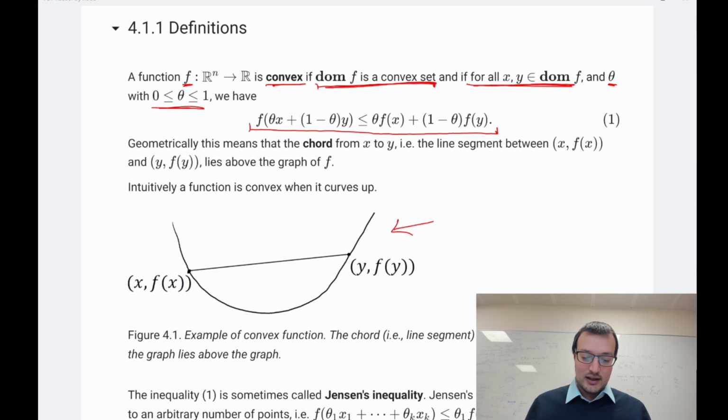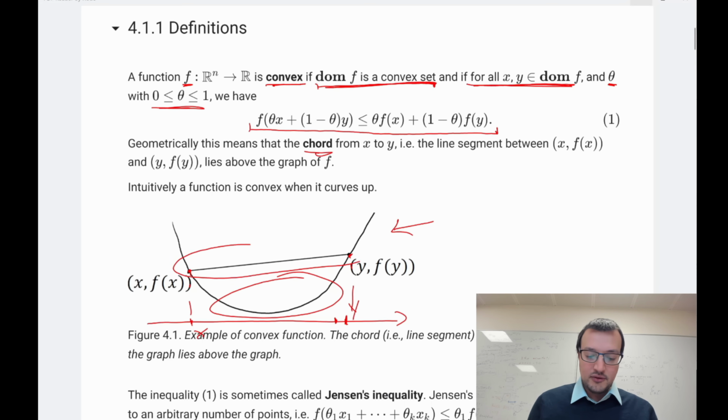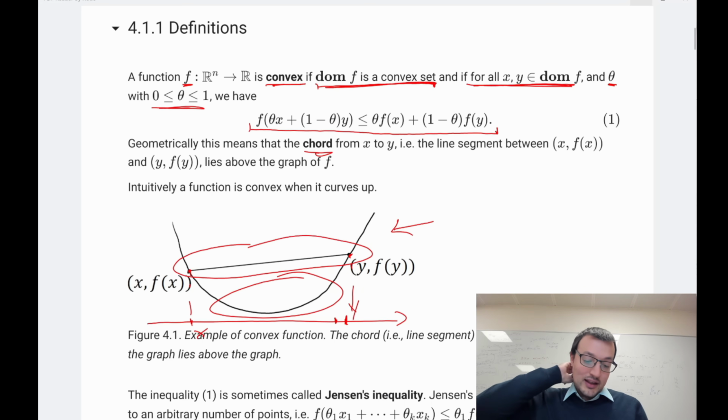If we have this function and we compute the value of the function at the point x and at a point y, so you can imagine that here we have the axis and here you have the point x and here you have the point y, then we evaluate f of x and we evaluate f of y. Then convexity is telling us that the function has to lie below the line segment or chord between f of x and f of y. From an intuitive point of view, this essentially means that the function has to curve up.